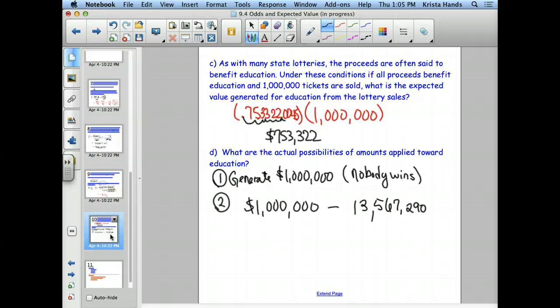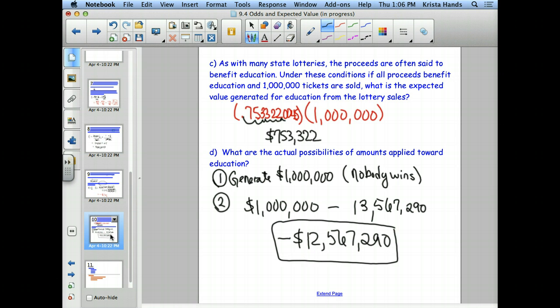Okay, so this gives you a negative, doesn't it? I get a negative 12,567,000. That's not quite right. Negative 12 million something. Or is it? Yeah, I was right. And so they'll pay it on a payment plan instead because you don't have to pay the whole thing. So then they would bankrupt education and heaven forbid, that isn't already bad enough, right?